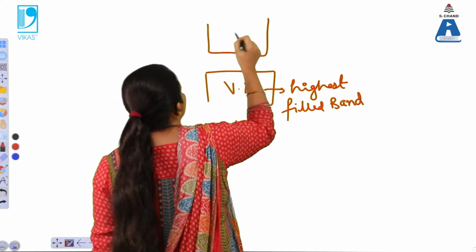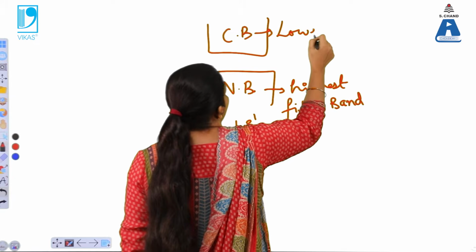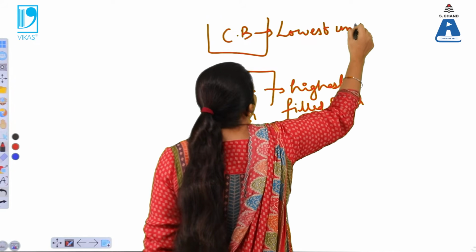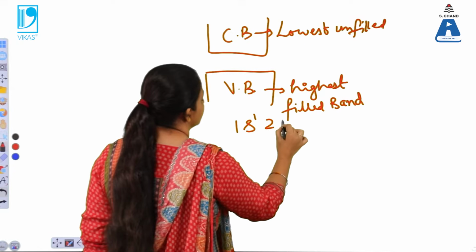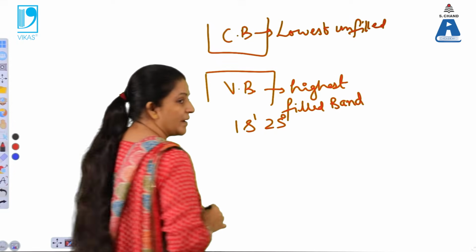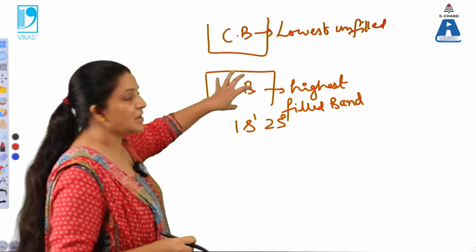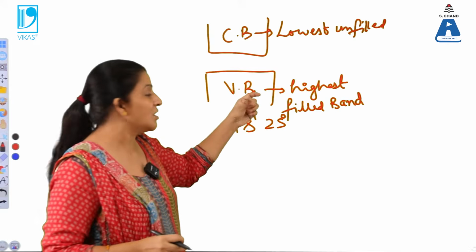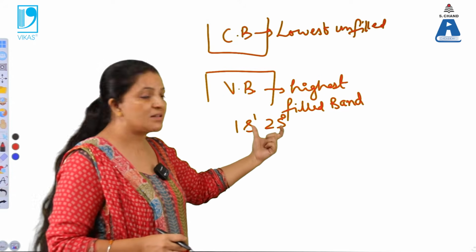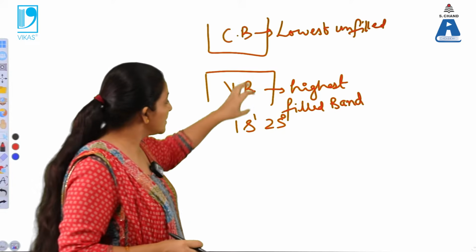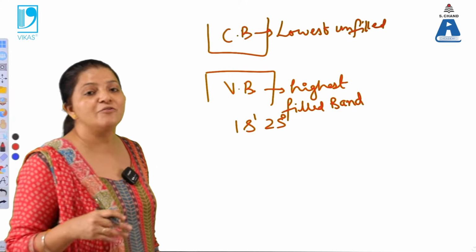Next is the conduction band. The conduction band is defined as the lowest unfilled band. The lowest unfilled band is now 2s, so this band is known as the conduction band. Similarly, all the 1 mole of hydrogen atoms have this vacant 2s orbital, and all these 2s orbitals superimpose on each other and form a band.